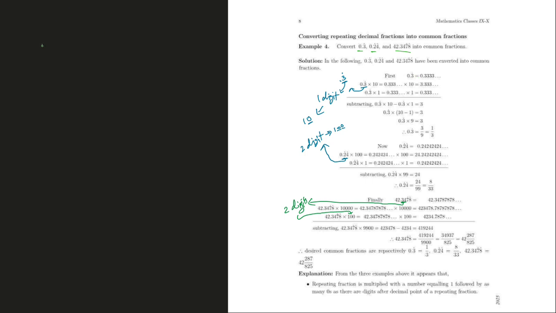So first, say we write 0.3, we just break it as it is, right? So then we're going to multiply 10 with this. Multiply 10, and by multiplying 10, we mean that we write this into 10.